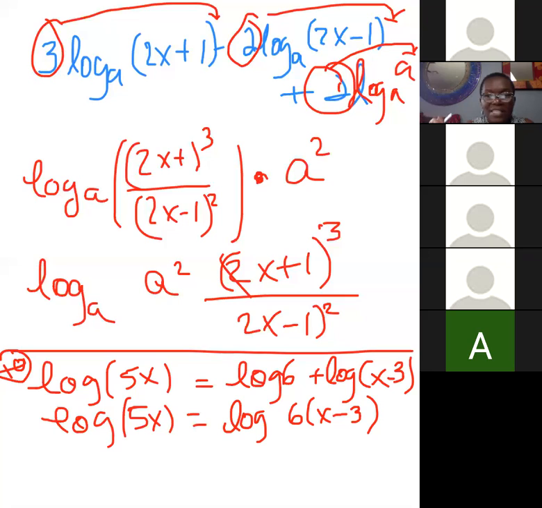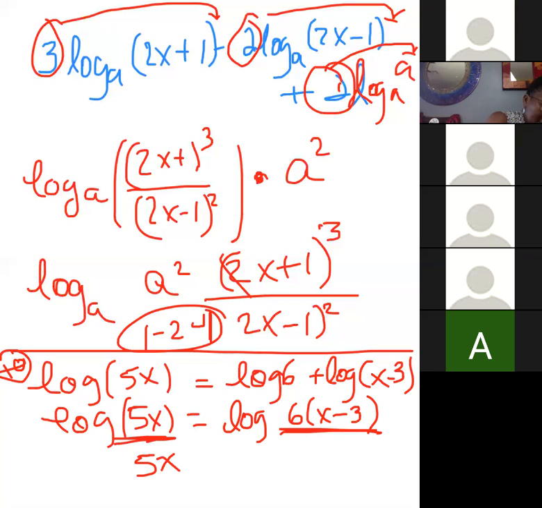Now, because we have the same log base on both sides, we can use the one-to-one property of logs. That says if the log bases are equivalent, that means the arguments are equal to each other. So we take the 5x, set it equal to 6 times (x minus 3), and solve it.